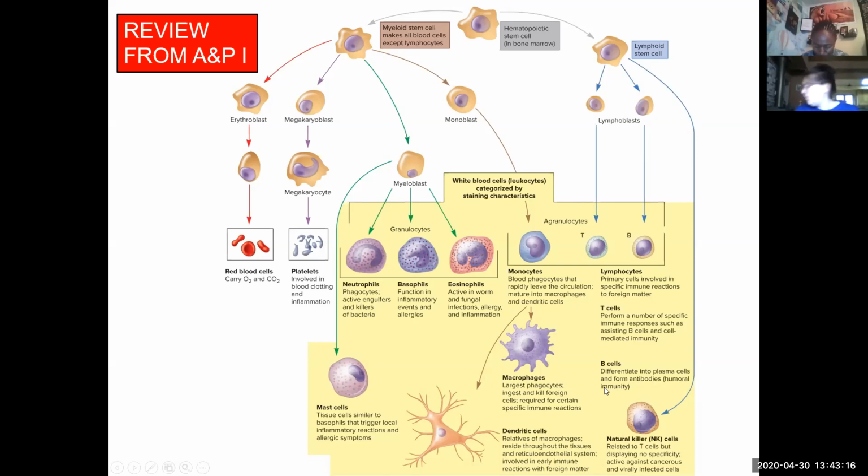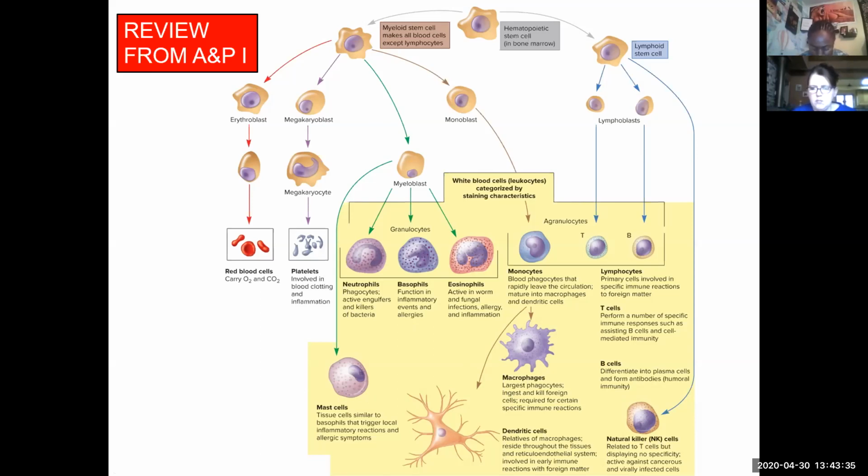These natural killer cells, interesting. I don't know if you can see this, my little pop-up thing is blocking it. It says, related to T cells, but display no specificity, active against cancerous and virally infected cells.